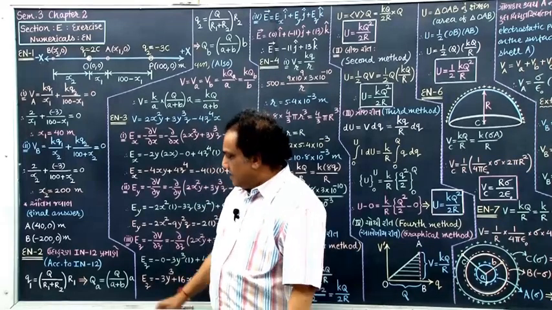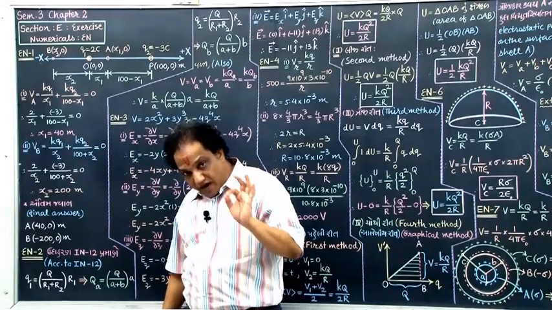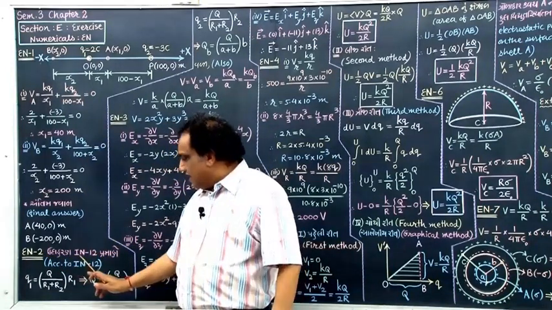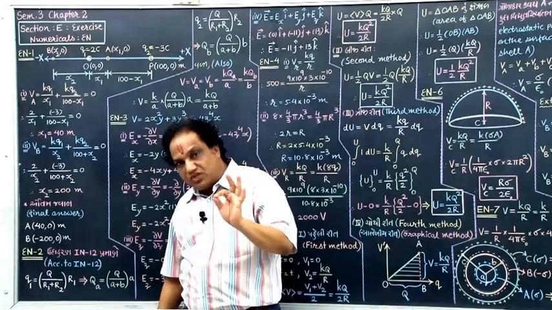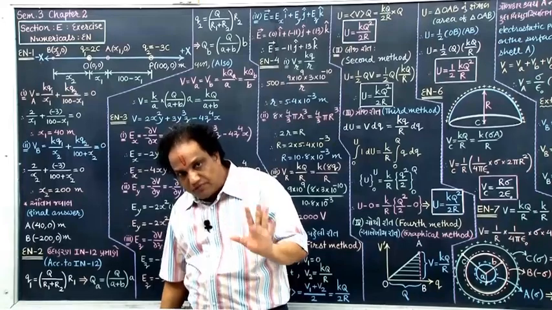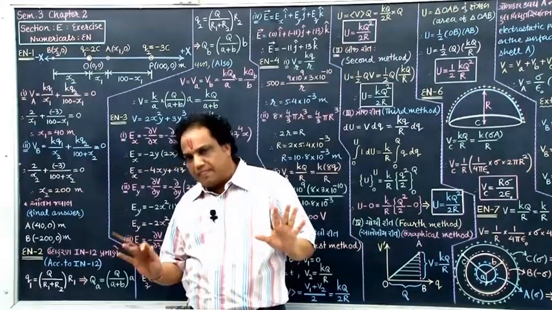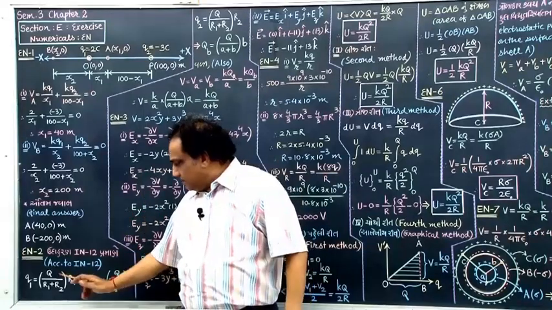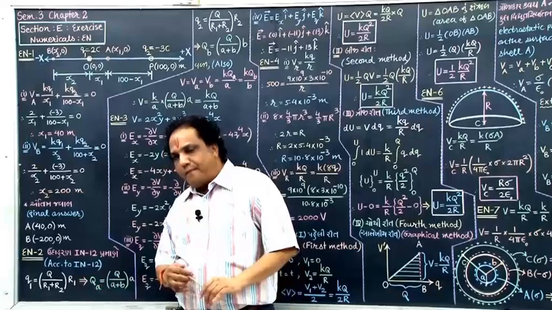Look. My dears, this example is quite similar to illustrative numerical number 12. It is only a change of symbols, that's all. Mere a change of only symbols, no other change I am showing you. Just recall that problem which we had discussed in illustration number 12.